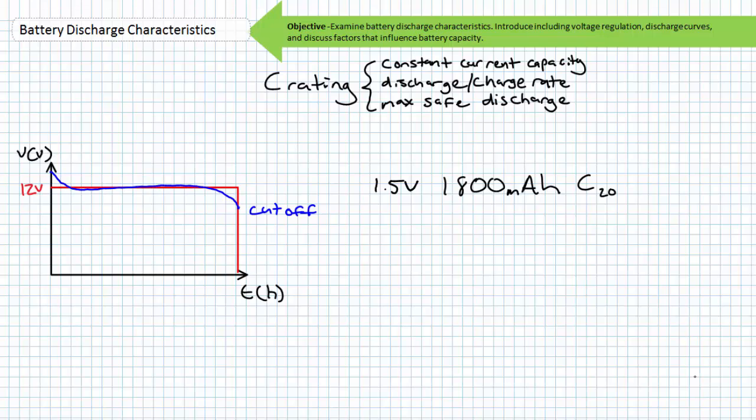Regarding safe maximum discharge rates, C ratings are additionally often used to express how much current a battery can safely deliver. In this sense, the C rating is again a function of the nominal capacity. For example, a 1,800 milliamp hour nominal capacity battery that can be safely discharged at 4 times the C rating can deliver a burst of 7.2 amps of current, whereas one that's capable of delivering 8 times the C rating can safely deliver a burst of 14.4 amps without damage.